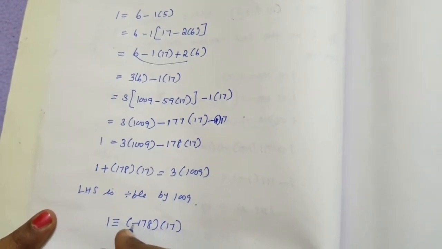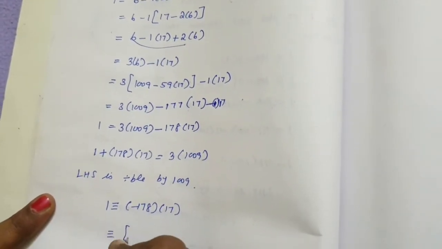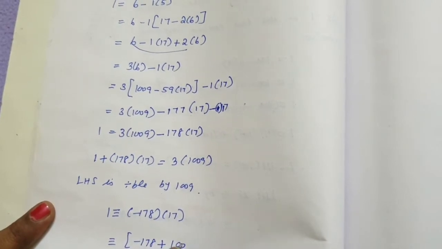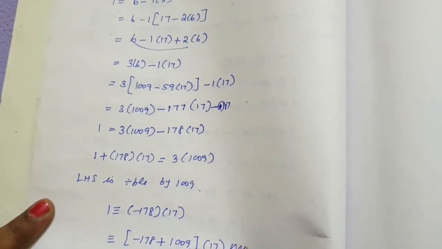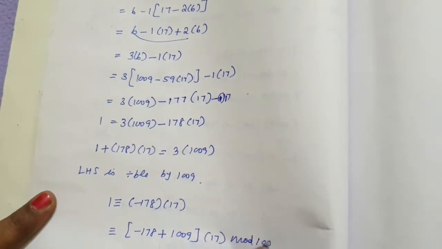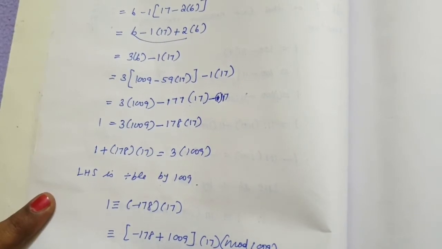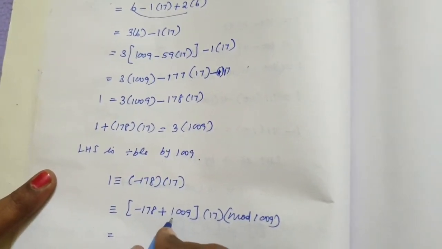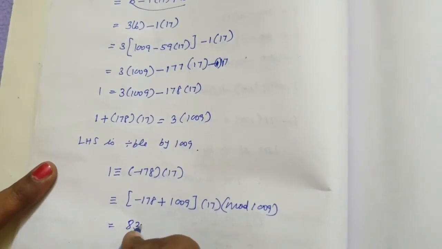Here we get the negative symbol. To remove the negative, we need to add 1009 to this. When you add minus 178 with plus 1009, we get the result 831.